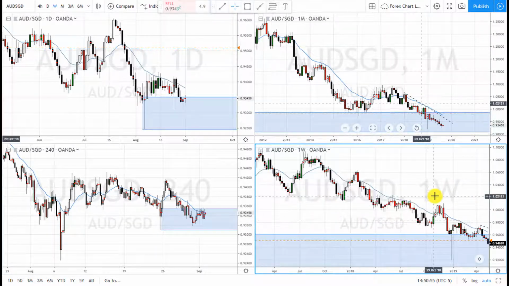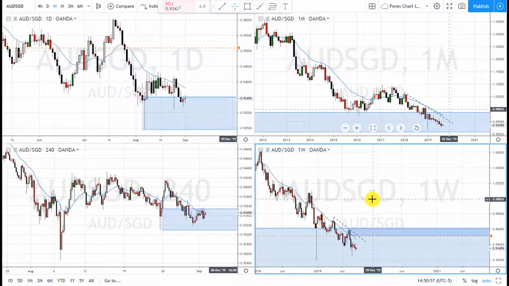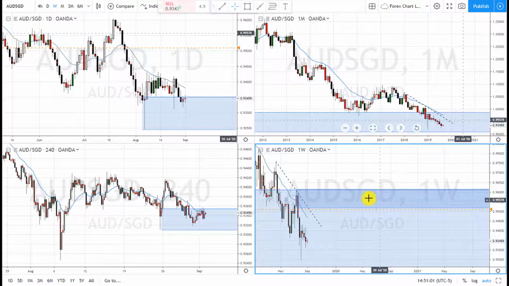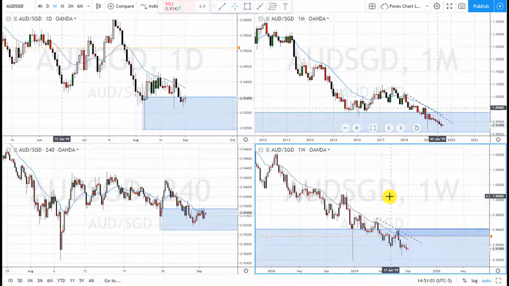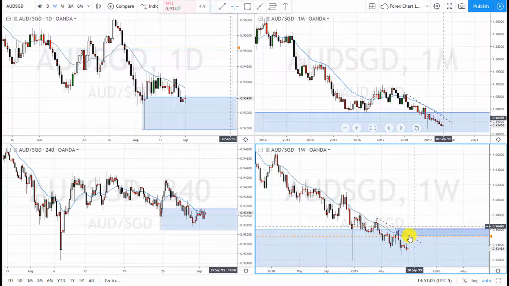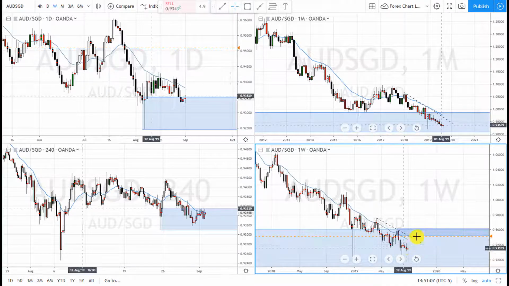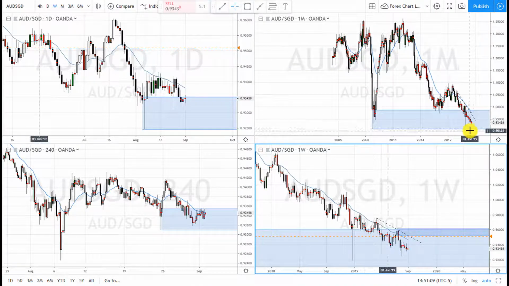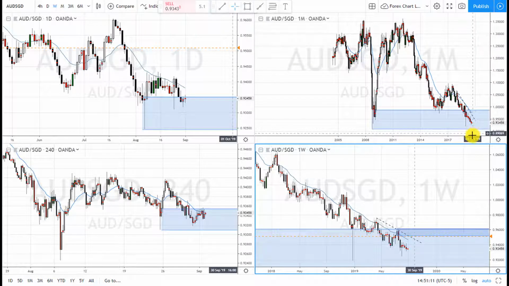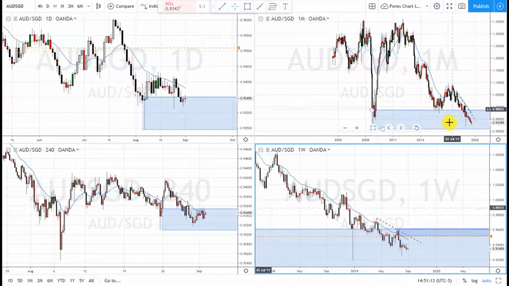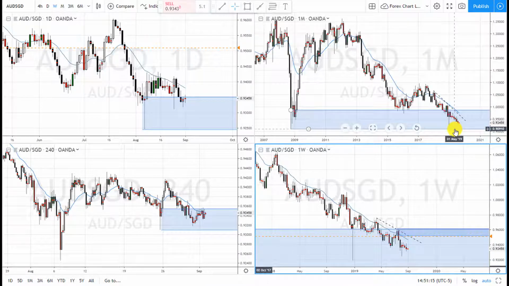So price is at all-time lows, so we don't want to short. We don't really want to short because it's just at all-time lows. It's so low that it's bound to go back up.